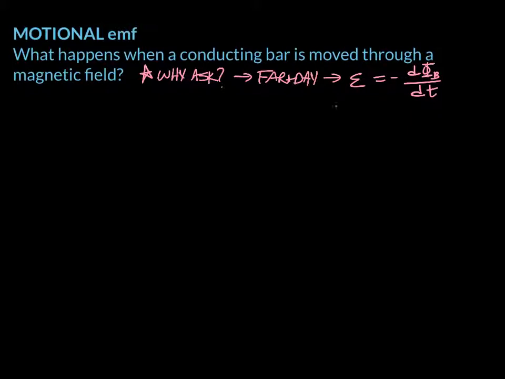And what that means is motion, in one sense, equals a change in the magnetic flux, at least within the context of what we're talking about. If I move a conductor through a magnetic field, I will change the flux and I will induce a voltage. Okay?